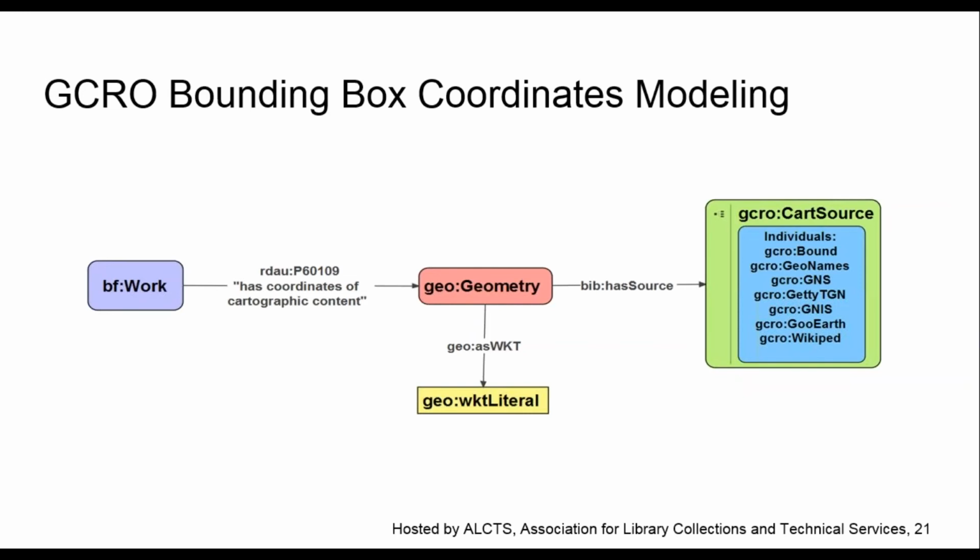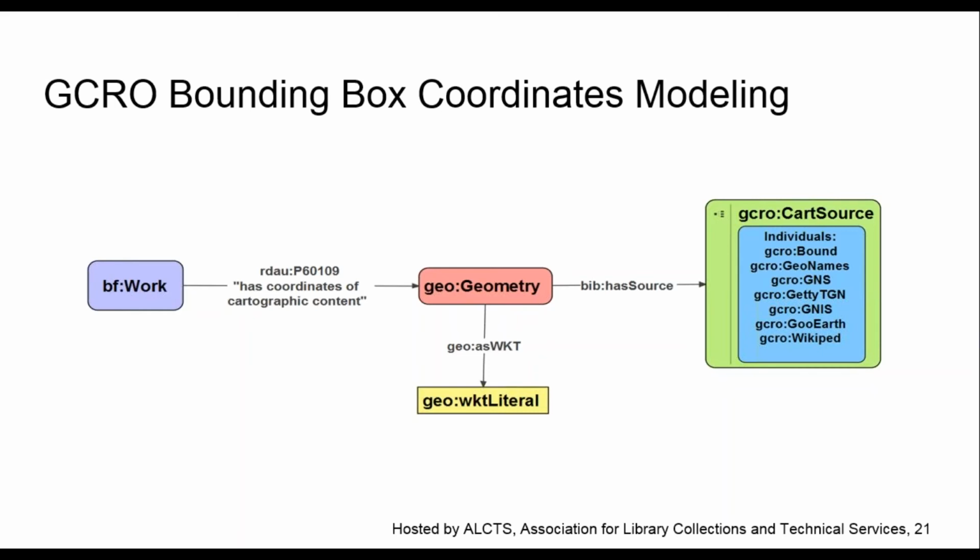So the GCRO model proposes to use the RDAU property, has coordinates of cartographic content, to make the relationship between work resource and a GeoSPARQL geometry object. The geometry class is an Open Geospatial Consortium web standard that has the advantage of being able to represent multiple types of geometries.